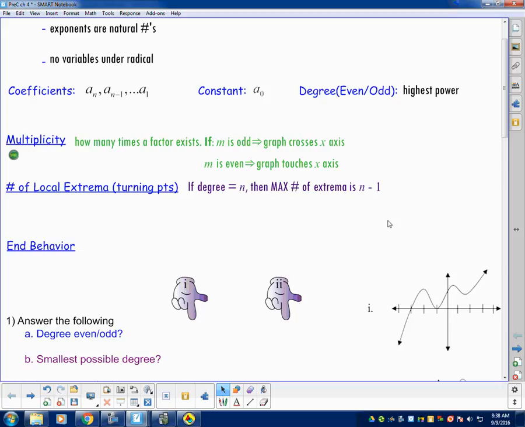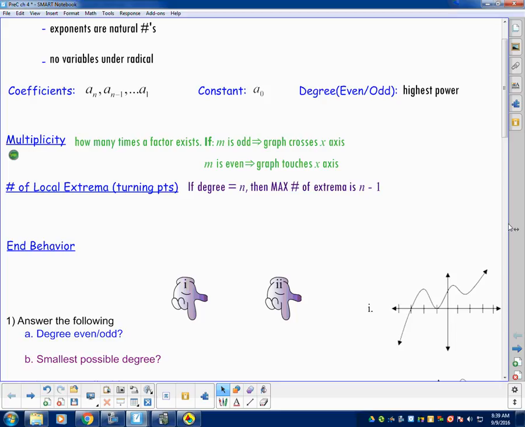So if the degree is 3, you could have up to 2 mins and maxes. Think about a quadratic. The degree of a quadratic is 2. How many maxes or mins do you have in a quadratic? Just 1. So 2 minus 1 is 1.